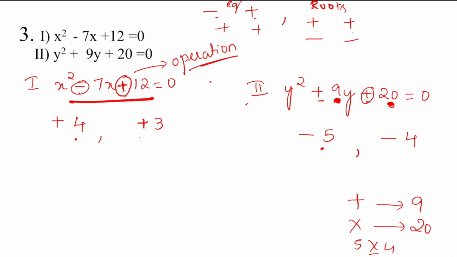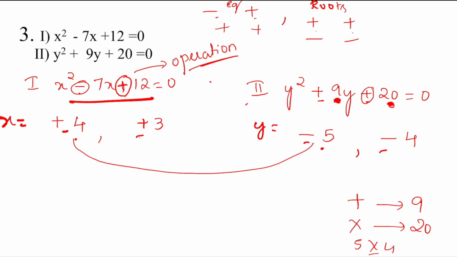Now, comparing both. These are x values and these are y values. The x values are plus 4 and plus 3, and the y values are minus 5 and minus 4. Now compare. Plus 4 is compared with minus 5. There is no need to compare in detail, because x has both positive values and y has both negative values.